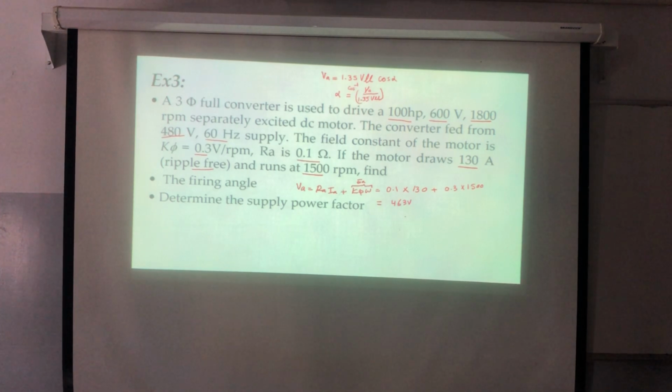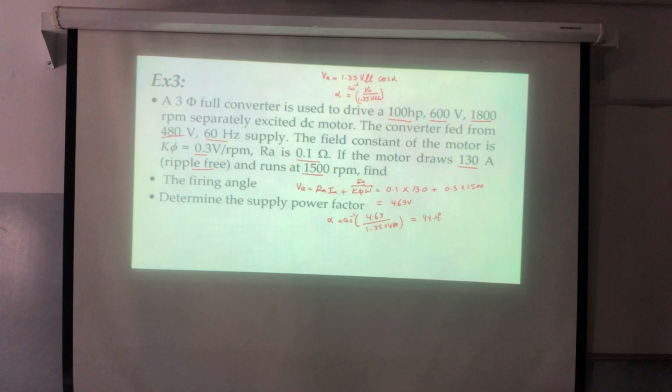Now we can find alpha. Alpha equals cosine inverse of 463 over 1.35 multiplied by 480, the line to line. If we do the math, this equals 44.4 degrees. It must be less than 90. Why? Because I need the voltage to be positive.